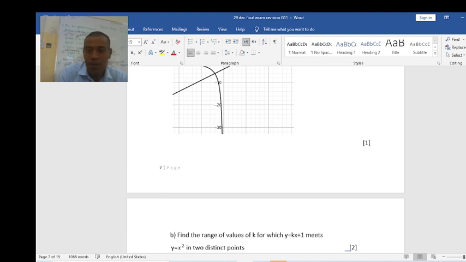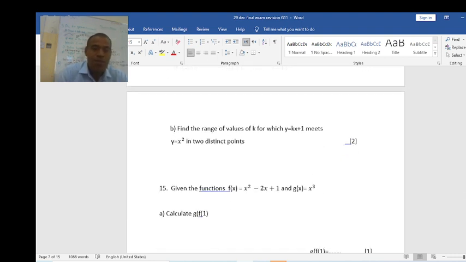We have: find the range of values for k for which y equals kx minus 1 meets y equals x squared at two distinct points. It's very easy. You will make x squared minus kx plus 1, so this should meet at two distinct roots.